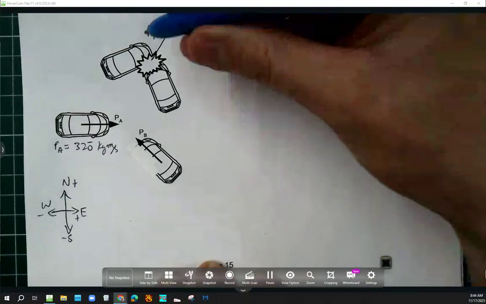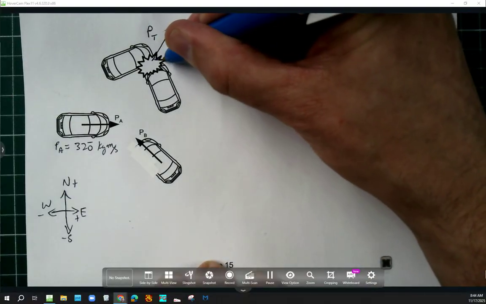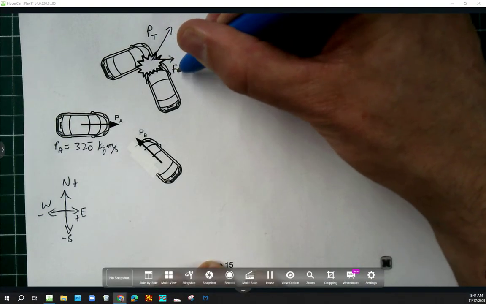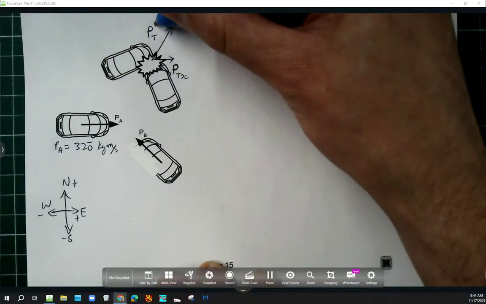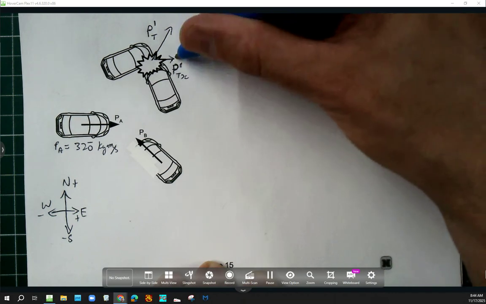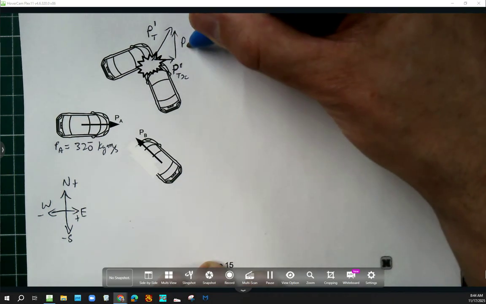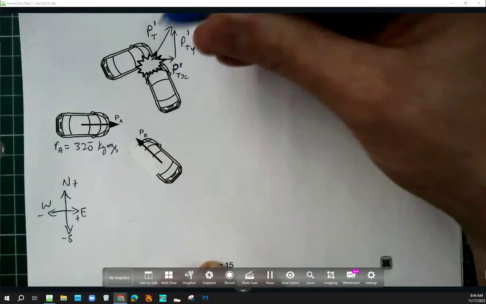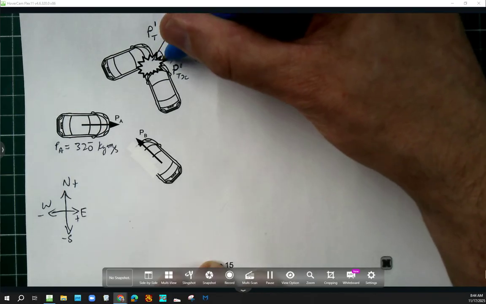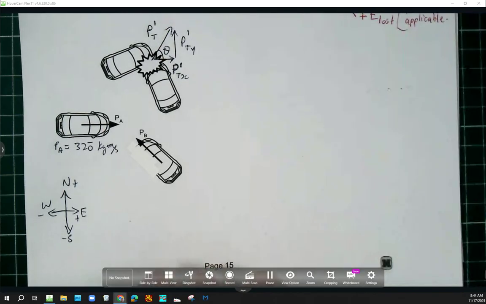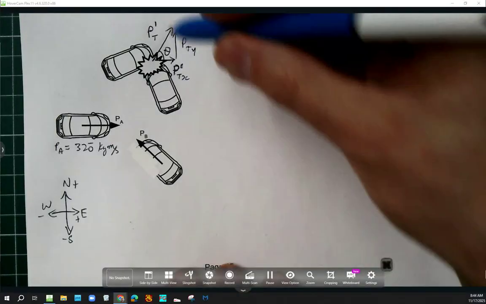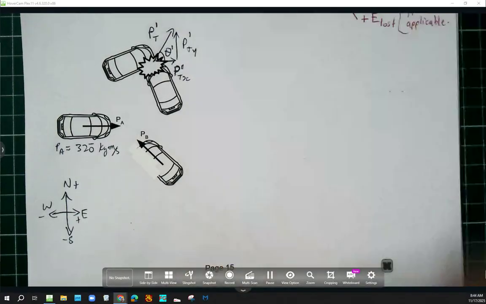This P total is going to have a P total in the X direction, primed, and a P total in the Y direction, primed, and it's going to go off at an angle theta. You don't really have to do this, but I'm going to call it theta primed, because it's the angle that they go off afterwards, as one body.